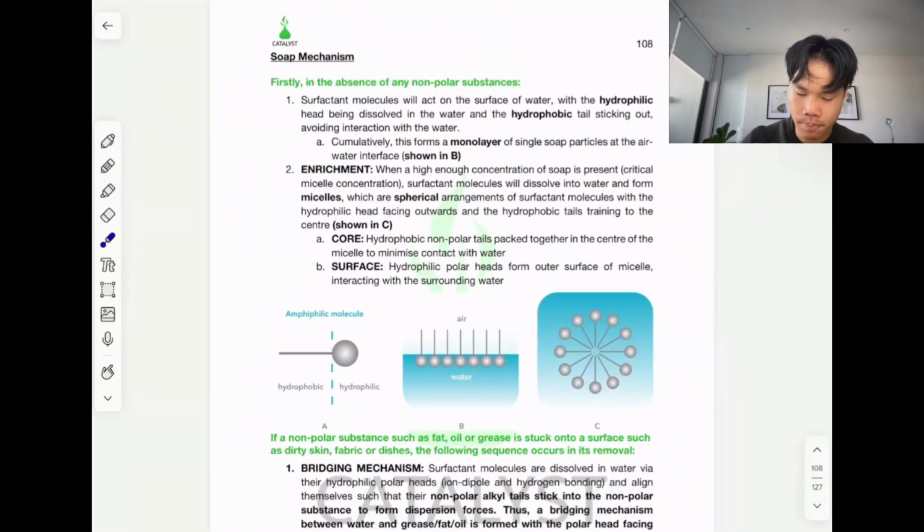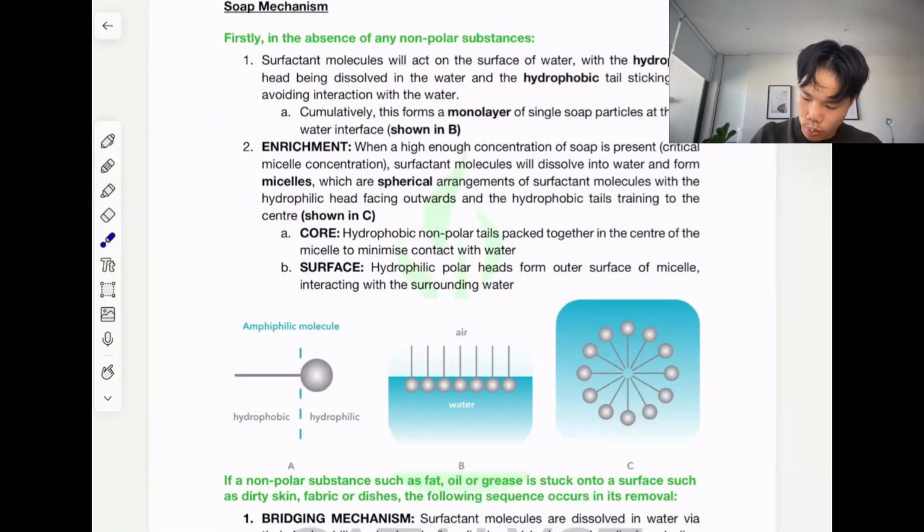The soap mechanism. This is where you get asked most of your questions for soaps, although it's rarely come up in the HSC for some reason. The first part of using a soap is you put it in water and it acts as a surfactant. When you put the soap in water, the polar heads will dissolve in the water and the non-polar tails will initially stick out of the water to not interact with it.